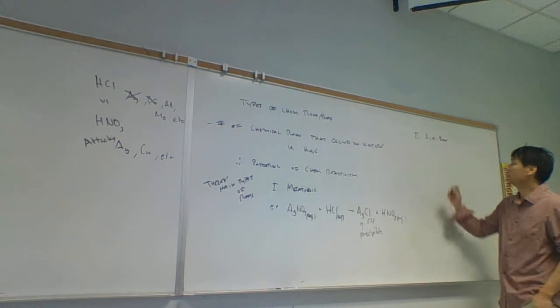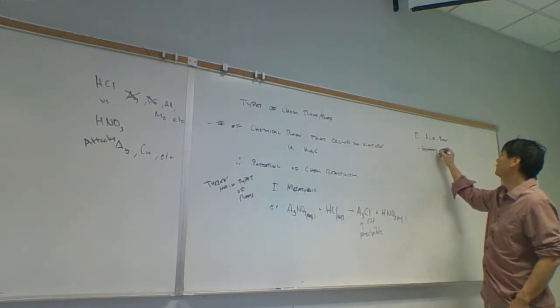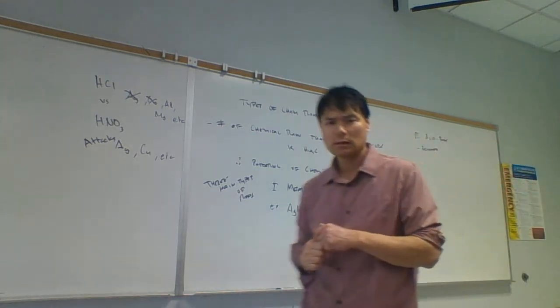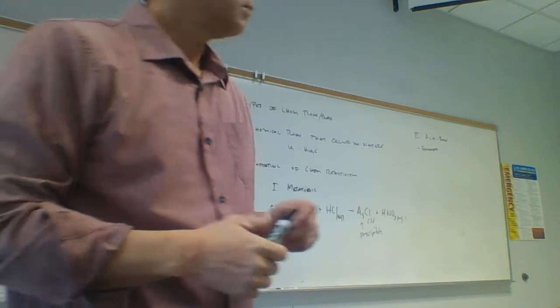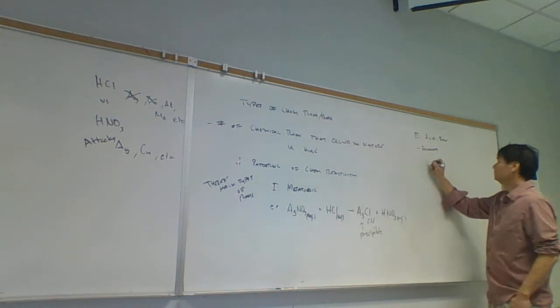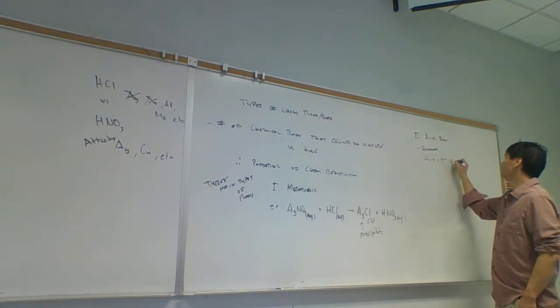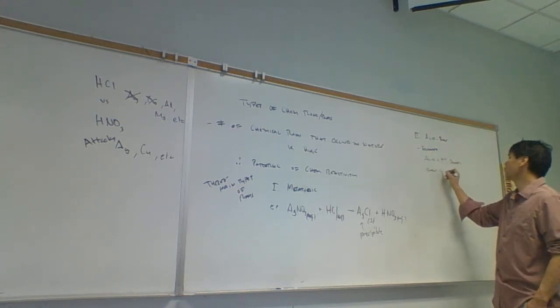We're going to look at something called a Bronsted acid-base. Bronsted defined an acid as an H+ donor and a base as an H+ acceptor.